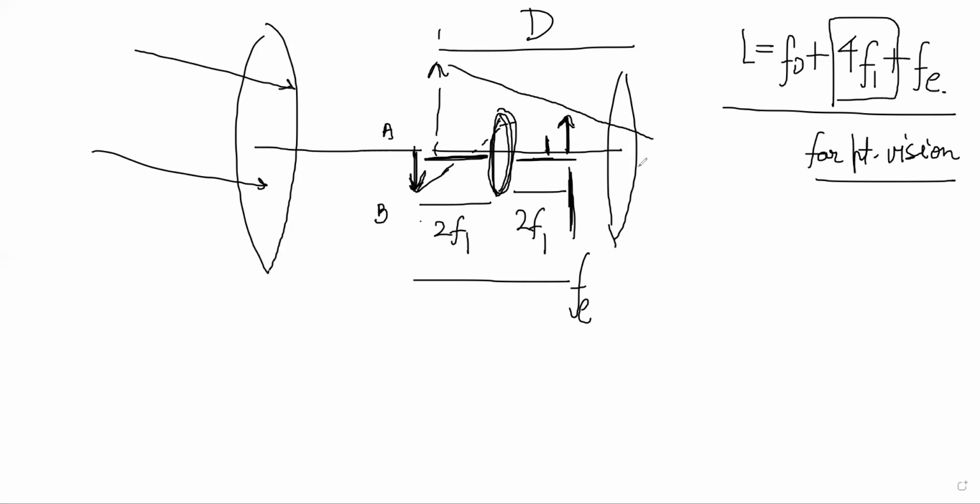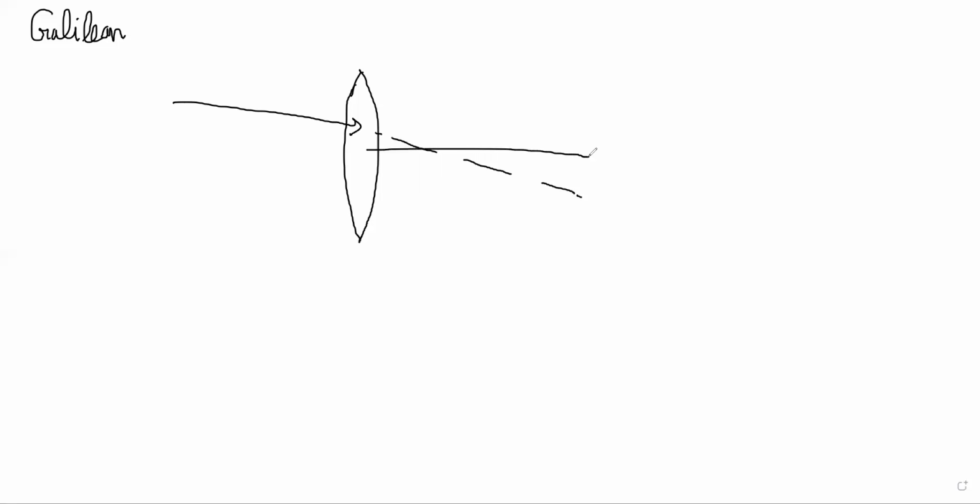We have another alternative, the Galilean telescope, which uses a slightly different principle. It uses a concave lens as an eyepiece. So you have rays coming in normally, and they want to make an image somewhere here at the focal length.